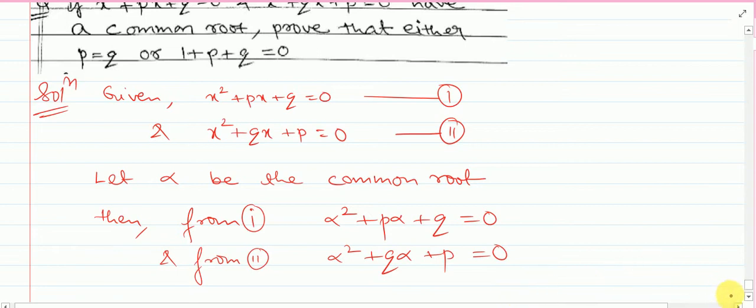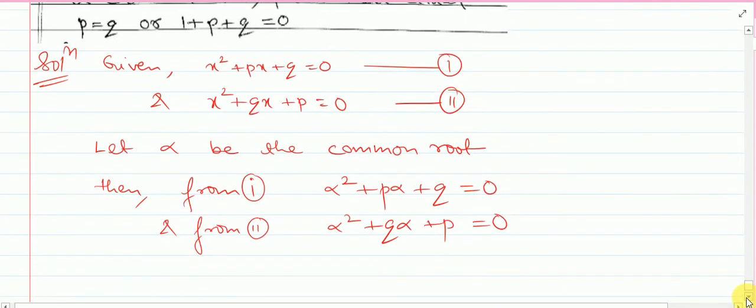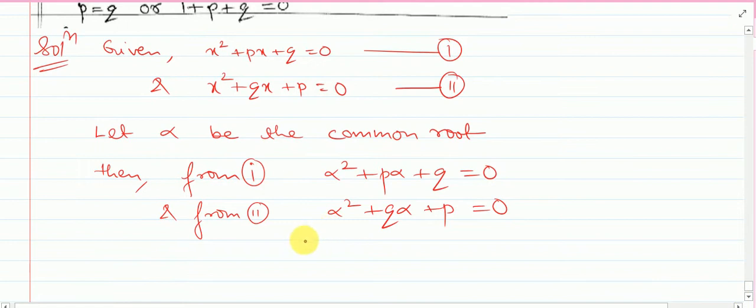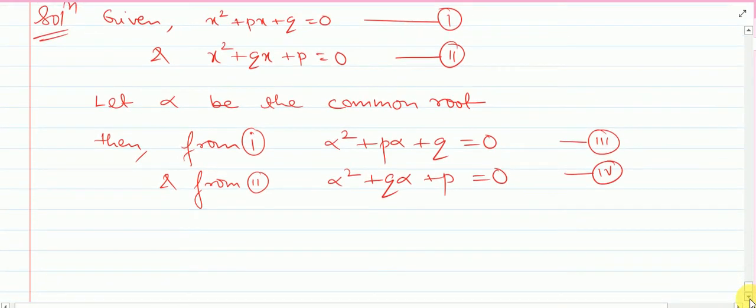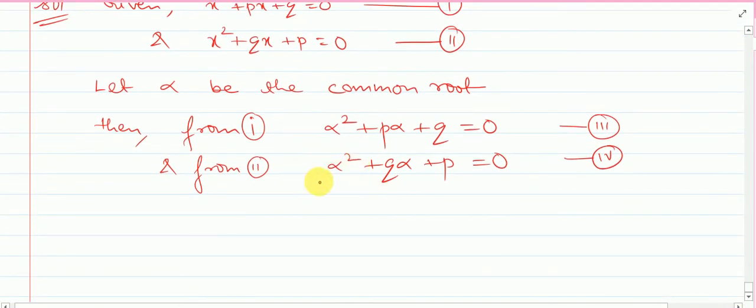Now let's say this is equation 3 and this is equation 4. Now we will subtract equation 3 from 4, or 4 from 3, best 4 from 3.